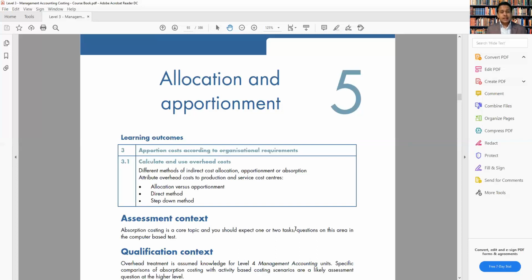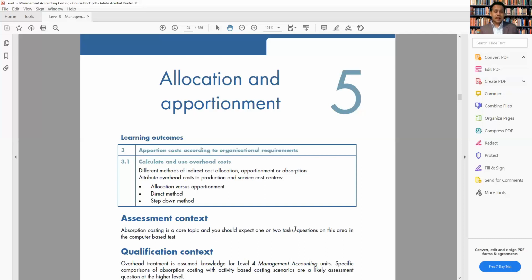So that should be split based on certain factors that basically make it more accurate.